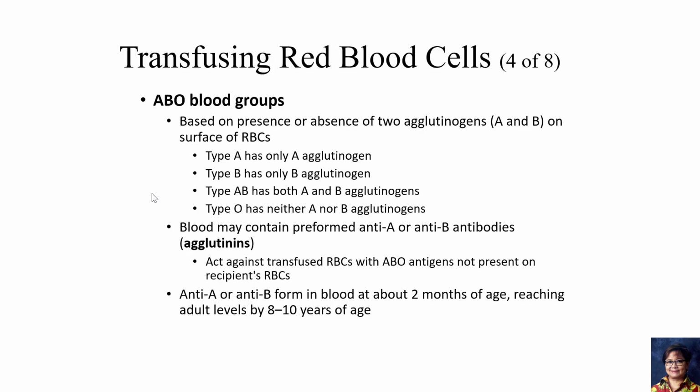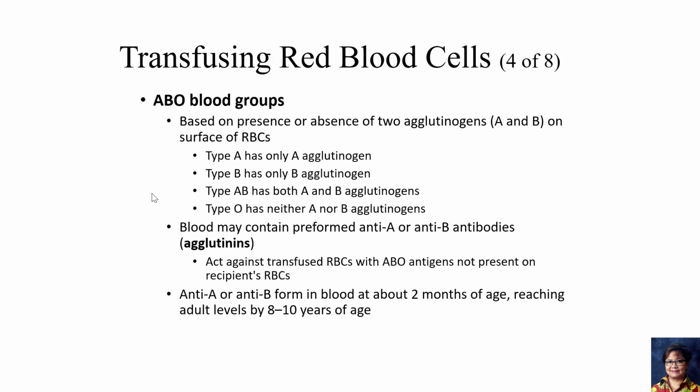You have your type A agglutinogen, where if it is present in the red blood cell, then that particular red blood cell will be called blood type A. And then you have also the blood type B or the type B agglutinogen. The type B agglutinogen, when present on the surface of the red blood cell, will make your red blood cell blood type B.